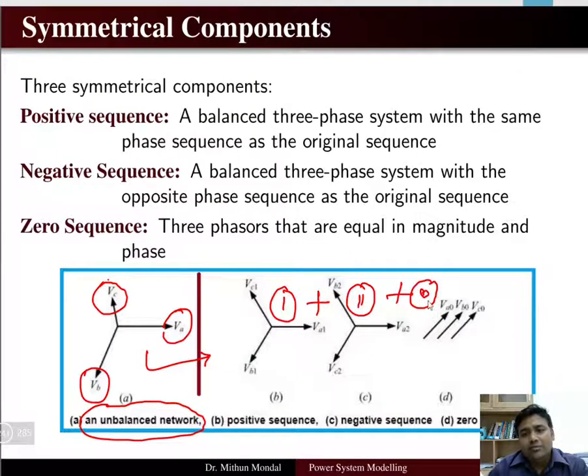So 0 represents the zero sequence component, 1 the positive sequence component and 2 the negative sequence component.